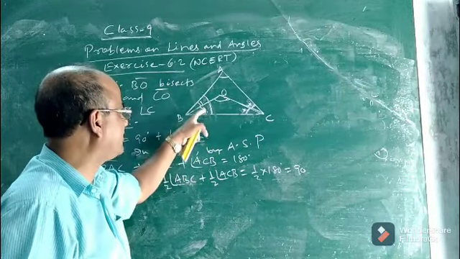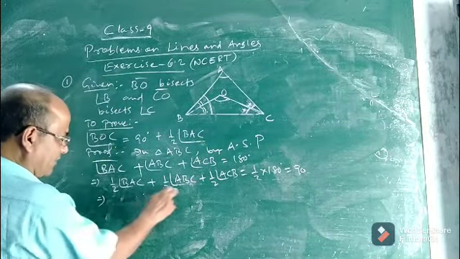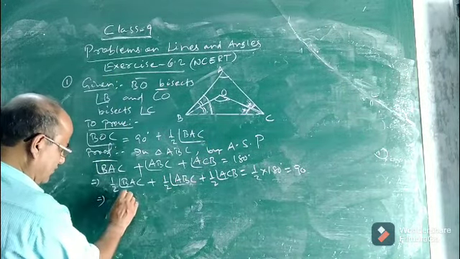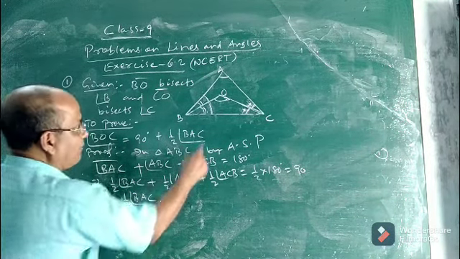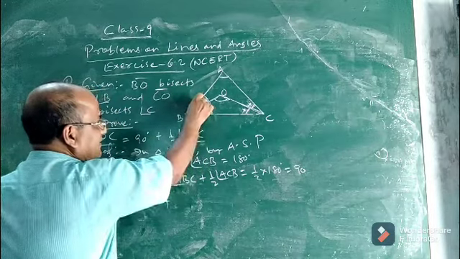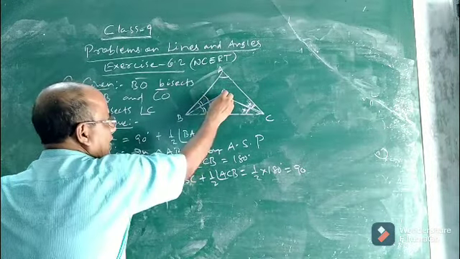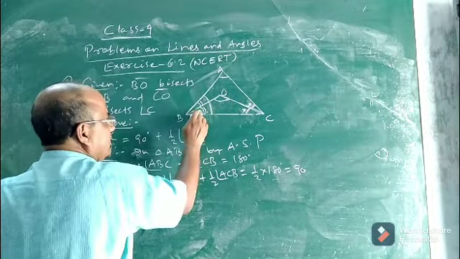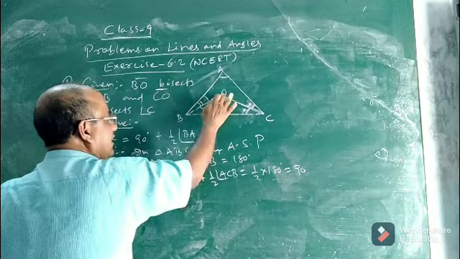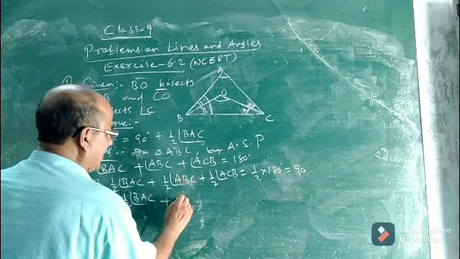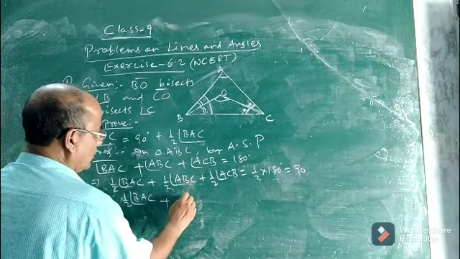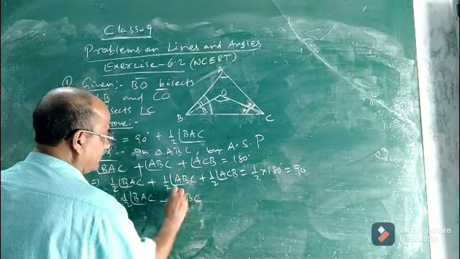Half of ABC will be angle OBC as well as angle OBA. You can write any one. In place of half of ABC, I will write angle OBC.